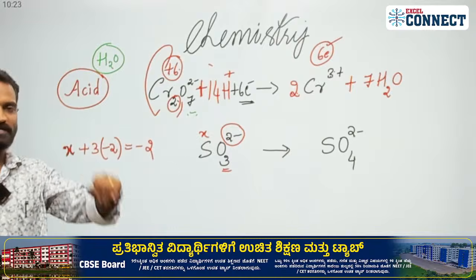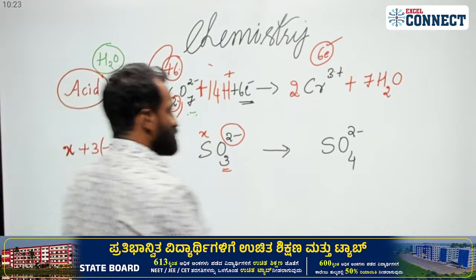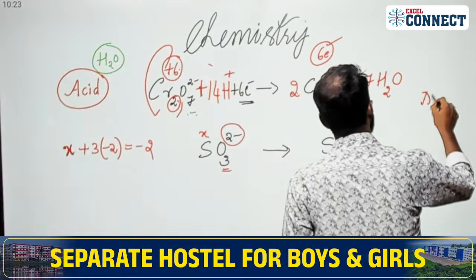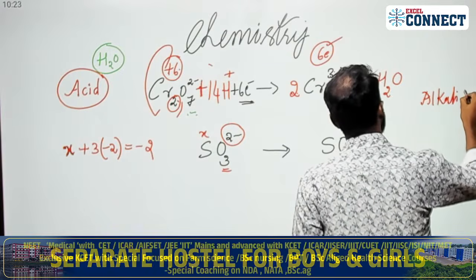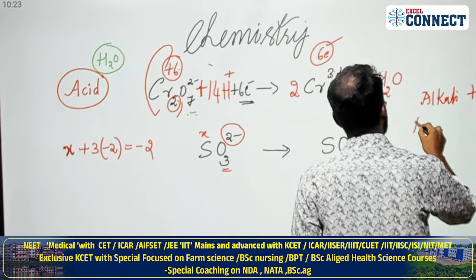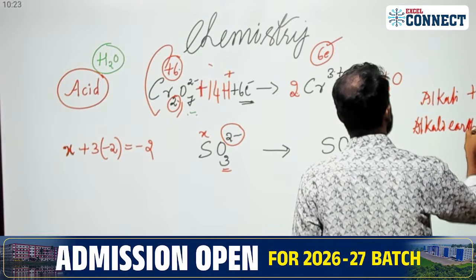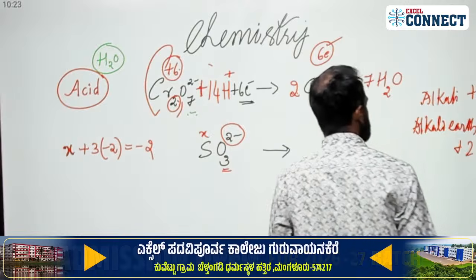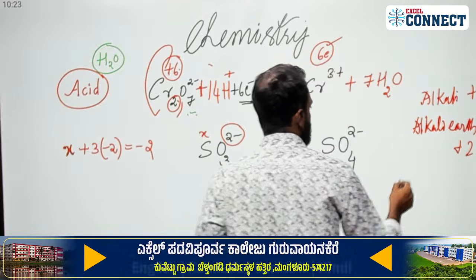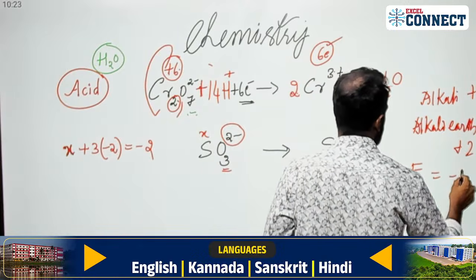This is already known. Alkali metals have an oxidation state of +1. Alkaline earth metals always have +2. Likewise, my dear students, for halogens, fluoride is -1. Understood?